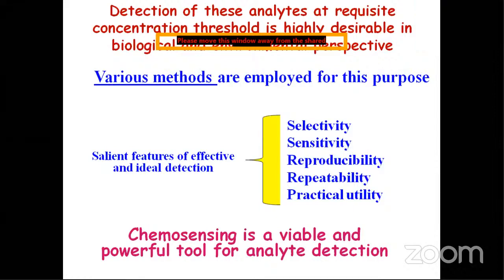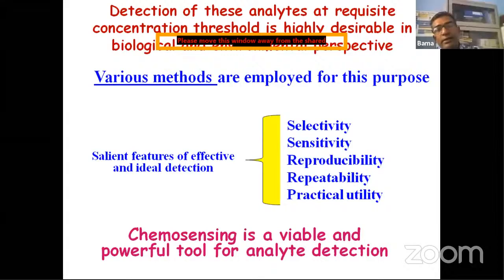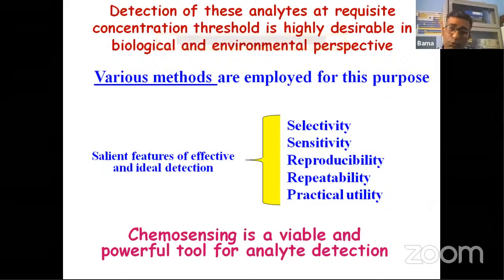So there are various methods which are costly and require specific protocols to be followed. Alternatively, there is one method called chemosensing, which has now proven to be a powerful tool in analyte detection.